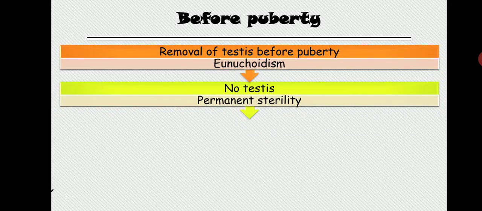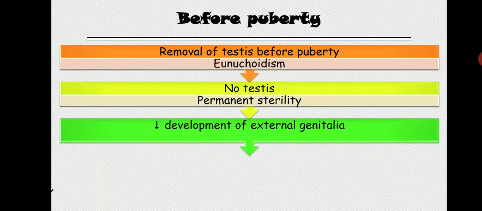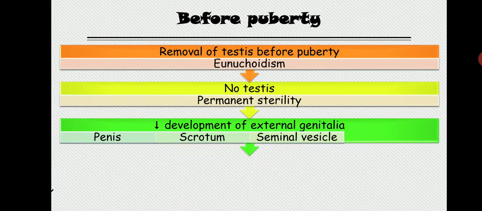The person is not able to synthesize sperm in enough amount because there is no testis, and the development of the external genitalia, the penis and scrotum, will decrease if the loss of testosterone or testis appears before puberty. The internal genitalia also decrease. The growth of the seminal vesicle and prostate gland will also be reduced.